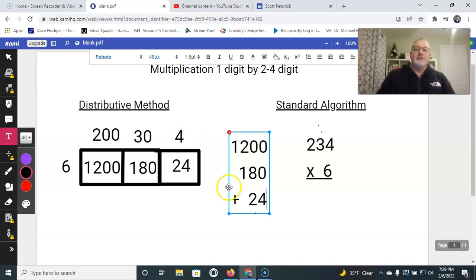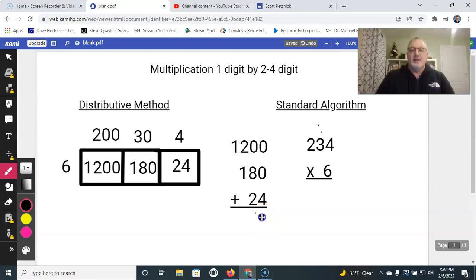So I need to take those numbers and add them together. So 0 plus 0 plus 4, and I'm going to use a pencil here, it makes it a little easier, is 4, okay? Then I have 8 plus 2, which is 10. I carry the 1 now.